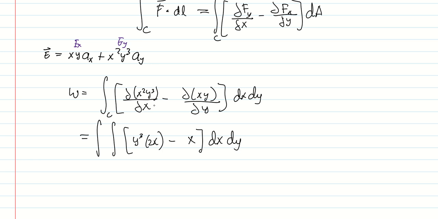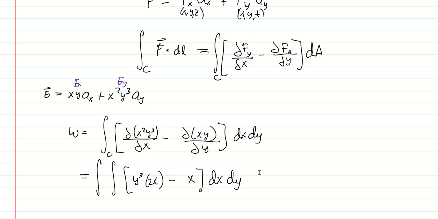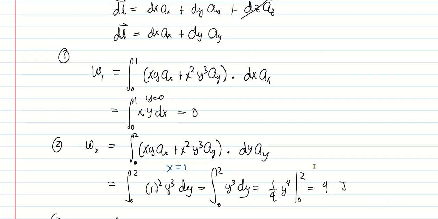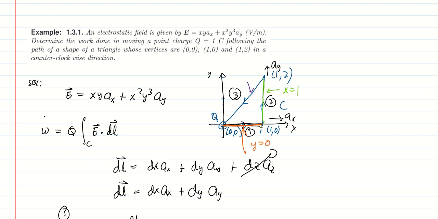Then what will be our limits? For x and y, the limits should be in inequalities. If we draw the region bounded by the path, that's actually the condition for Green theorem: you need a region that is closed by that path. This region can be represented by inequalities.